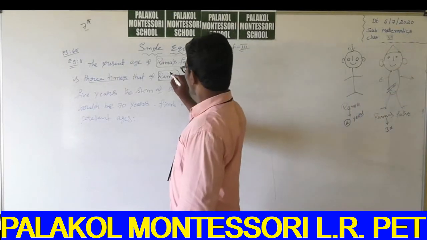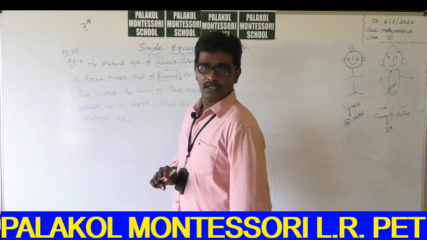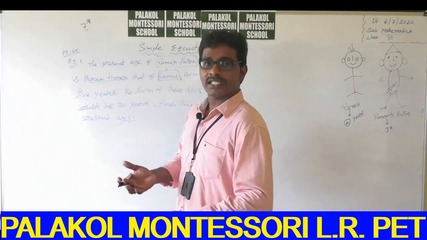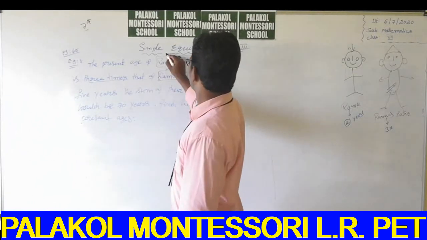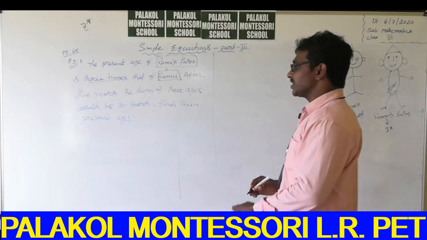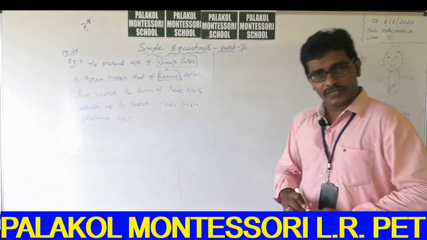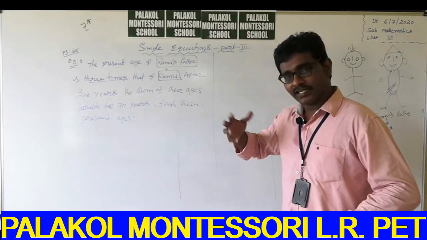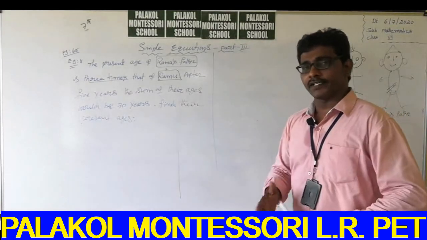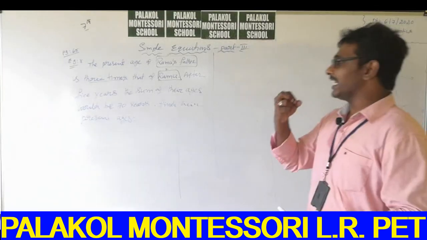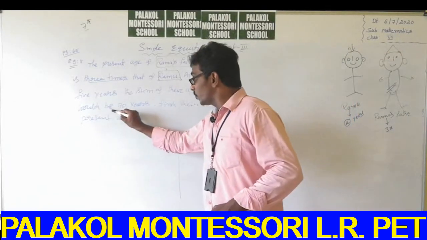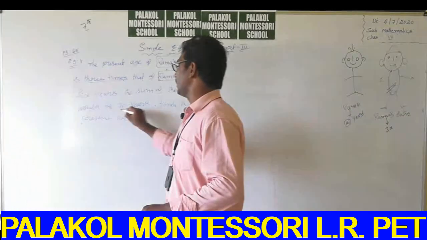Suppose Ramu's present age is x, then his father's present age is 3x, according to the statement. After 5 years, age is increasing, so the sum of their ages would be 70.